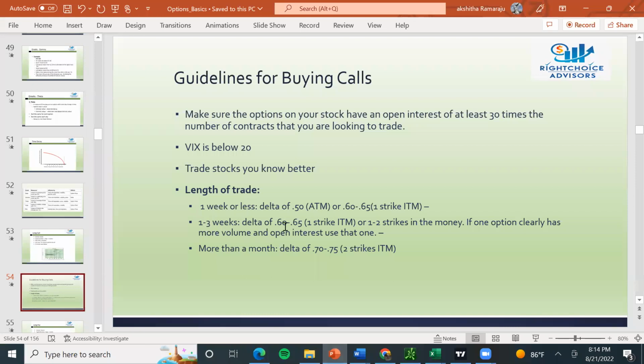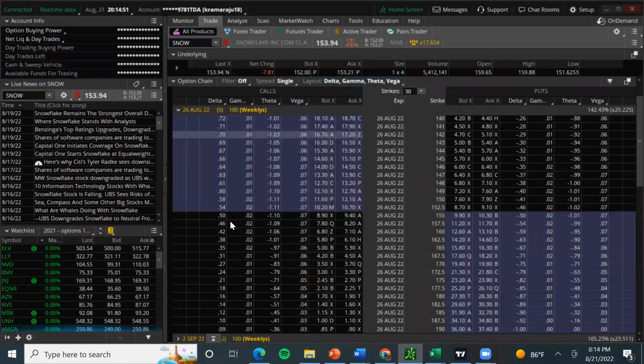If it is 1 to 3 weeks, then you better go with 60 to 65 delta. If it is more than a month, go with 70 to 75. So based on the expiry date, if it is 26th August, I may go somewhere here, 50, 54, 46.